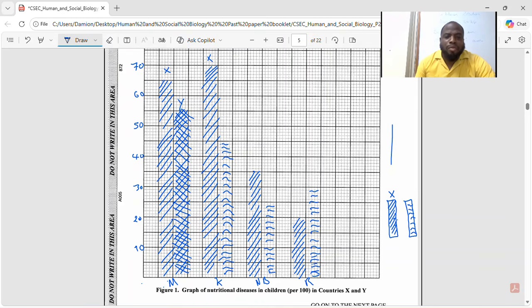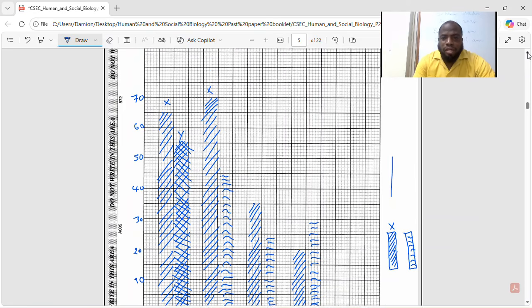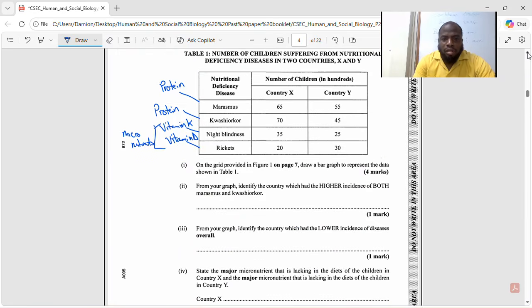So that would have been your bar chart depicting the number of children with the diseases for the various countries in question. So let's step back up to that part of the question. It says we would have done that, which would have been awarded 4 marks.